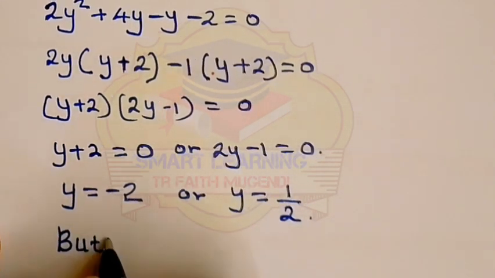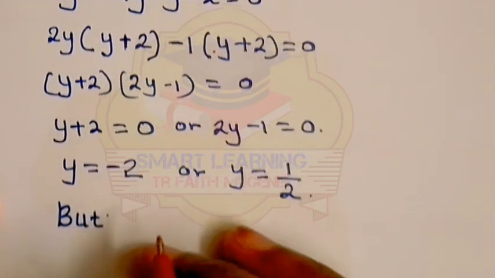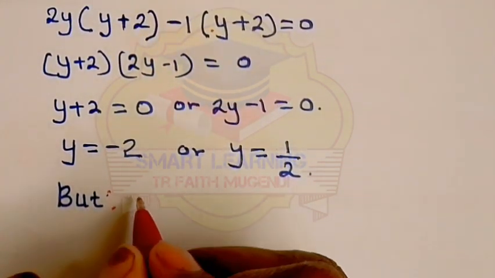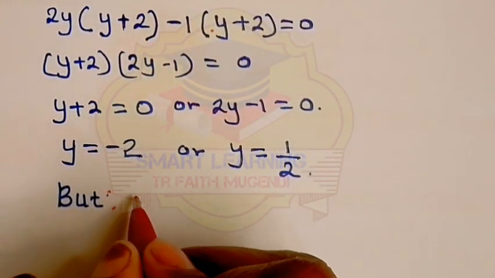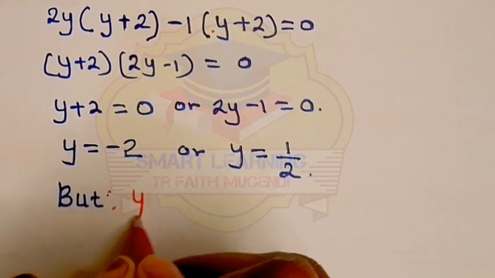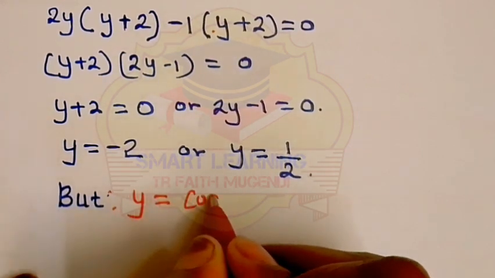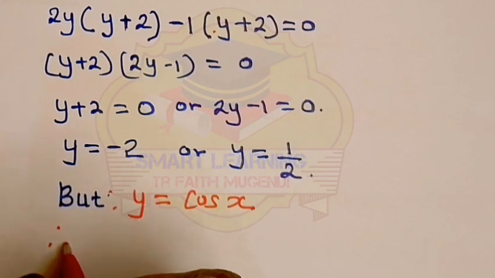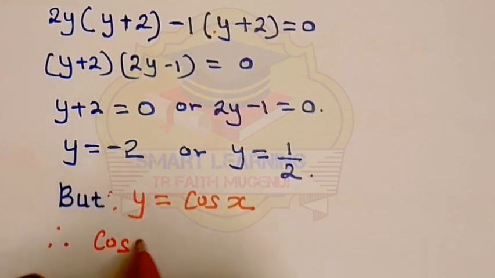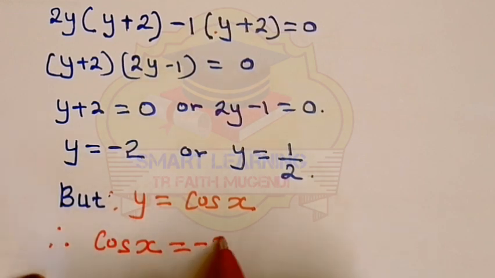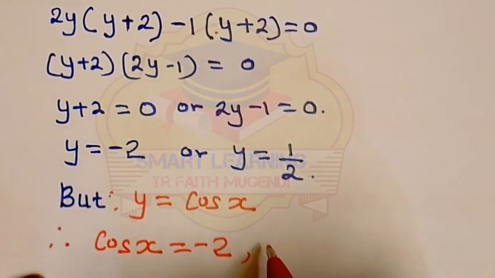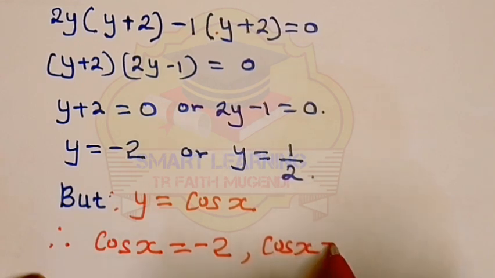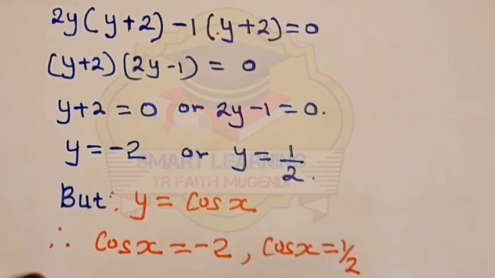But what did we say? We said that y is equivalent to cos x. This means, therefore, cos x is equivalent to -2, or cos x is equivalent to half.